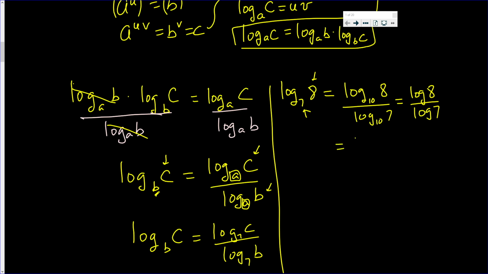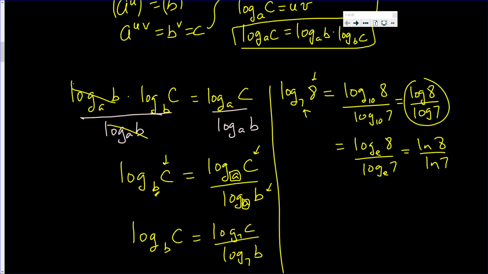And you can compute that on your calculator. But you remember when I had log 8 and log 7, I said you can pick any base you want? Well, I can pick base e. This is ln of 8 divided by ln of 7. Convince yourself. Now, this is one number. There's only one value that you can raise 7 to get 8.